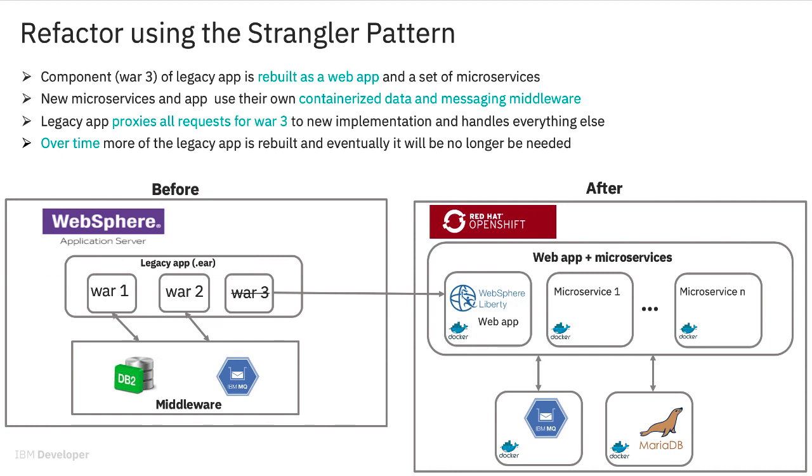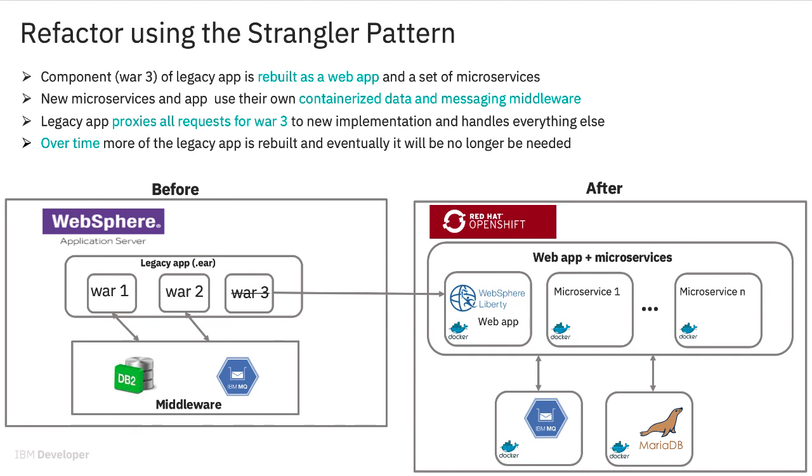What it does is we start with the starting monolith, and we look at a logical module by logical module basis. So for example, here I've got a WAR file, which I've taken and refactored into a web app plus some microservices.